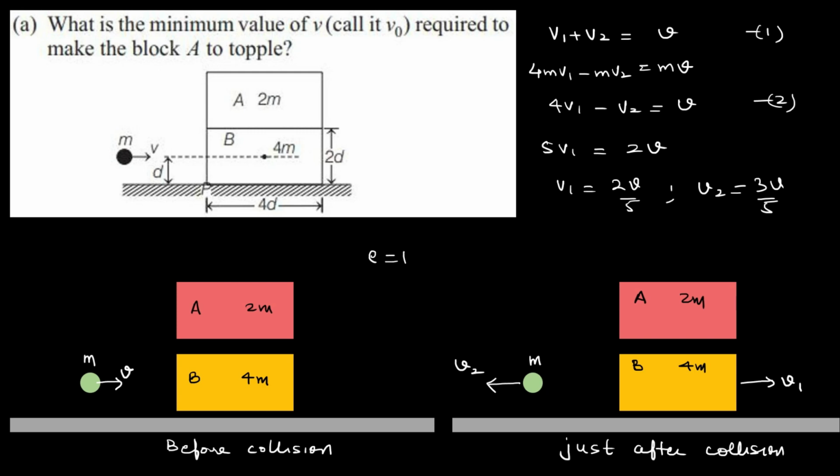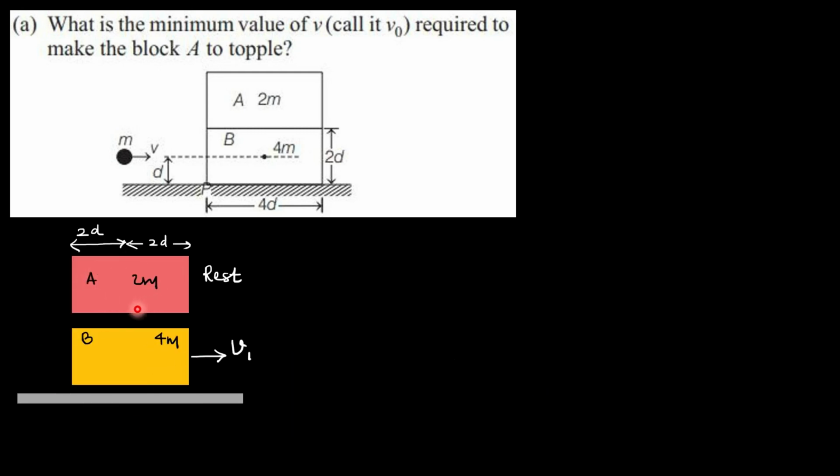Now coming to the condition of toppling. This is the picture of A and B just after collision. Because there is no friction between A and B, there is no horizontal force on A, so A will remain at rest, and B has got velocity v1. Now A is at rest and B is moving towards the right.